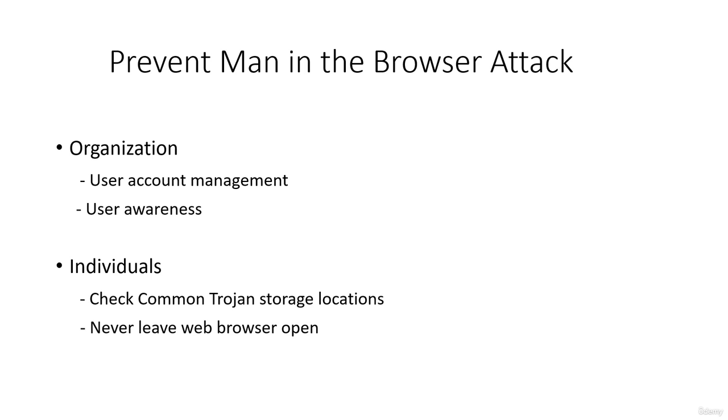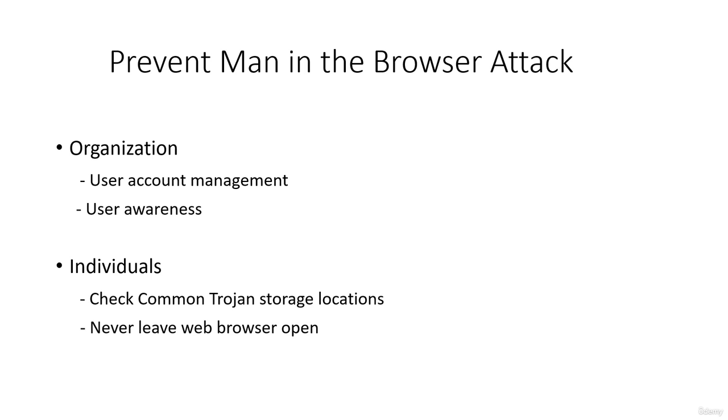Another is that the organization should provide basic online security training to their staff, covering topics like social engineering and how to detect a compromised computer, among other things. And for individuals, check common Trojan storage locations.